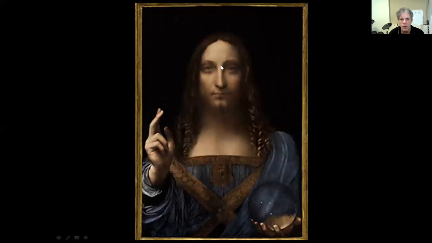The nose is curved, like an open parenthesis, like this. The neck is completely amorphous, which is very unusual for Leonardo. I'm going to show you some necks that he painted, which are beautiful.